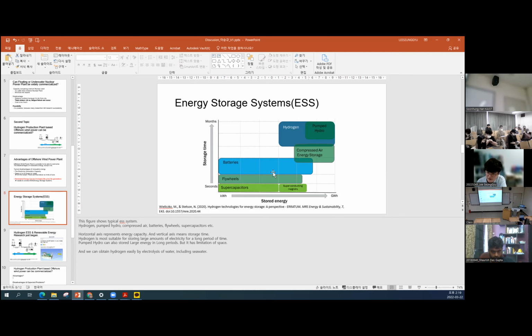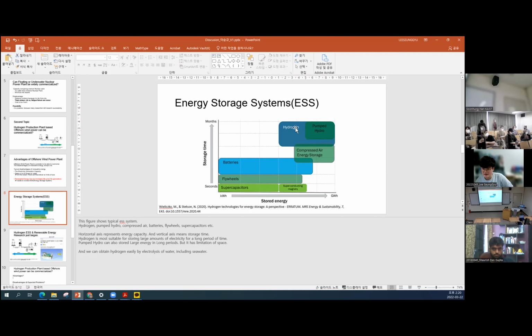Here we can store for a short time, and here for a long period. So for renewable energy generation, we need high power and long-time energy storage. We connect to high power and long period.